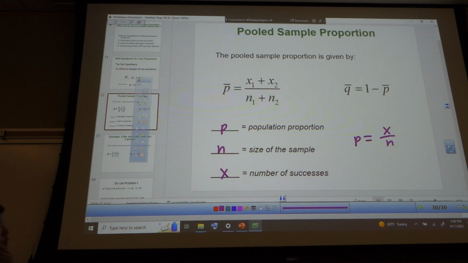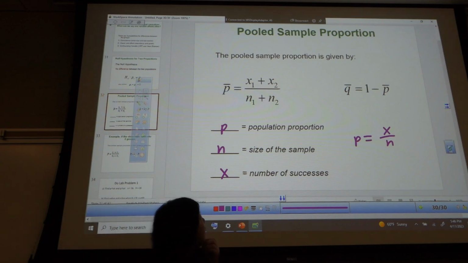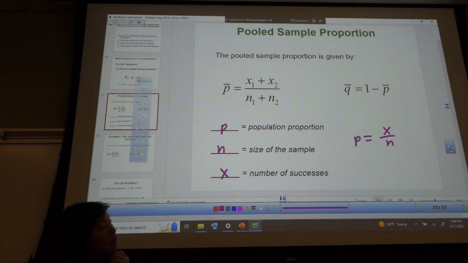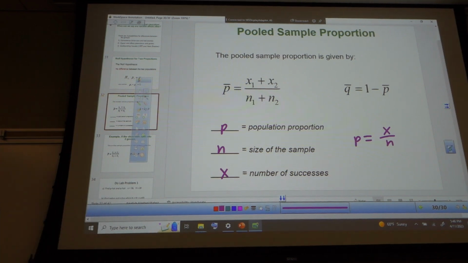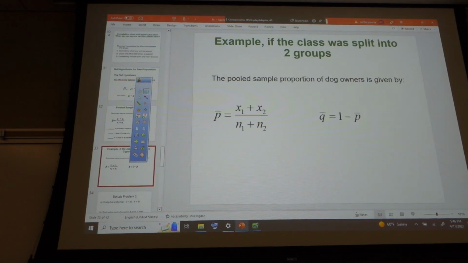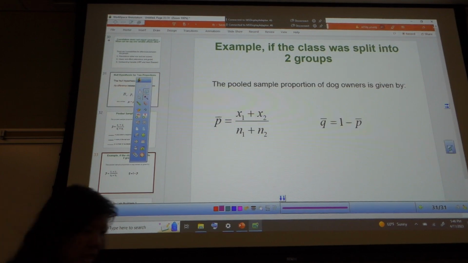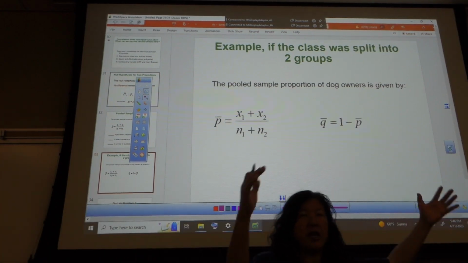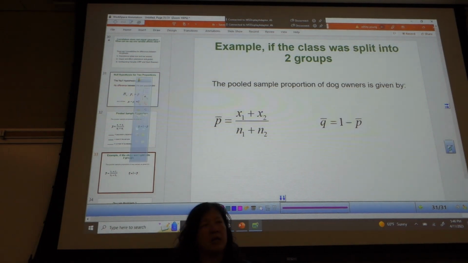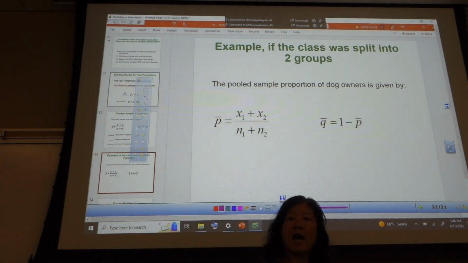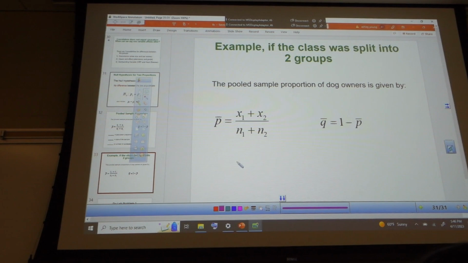It's when you have two samples and you combine them together. Let me give you an example. I take a sample of a bunch of students, and say 5 out of 8 of them own dogs.